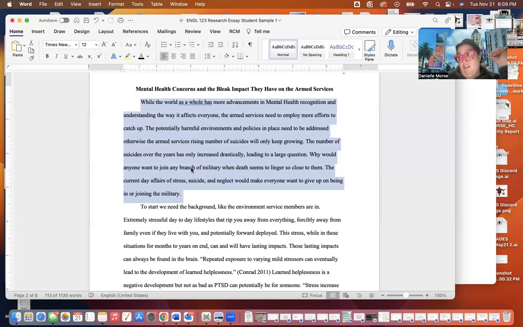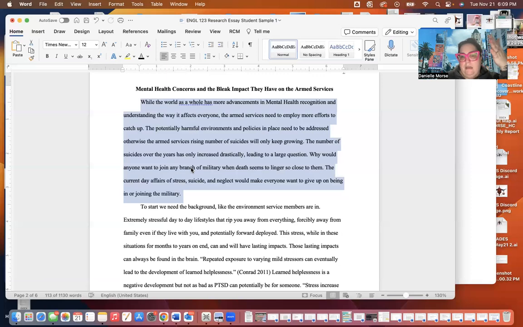And if it's not addressed, the numbers of suicide in the armed services are going to just keep increasing. It's so incredibly vague. I understand what it means, but I have so many questions.